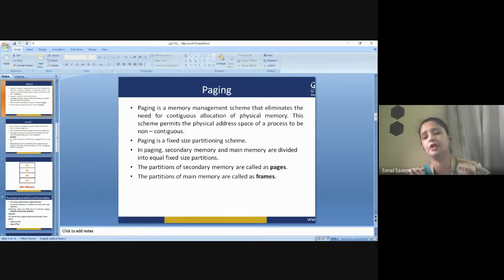Here we are talking about the physical address, not the logical address which is generated by the CPU. We are talking about the actual physical address space of the process, which can be at different memory locations. The second important point is that paging is considered a fixed partitioning scheme.